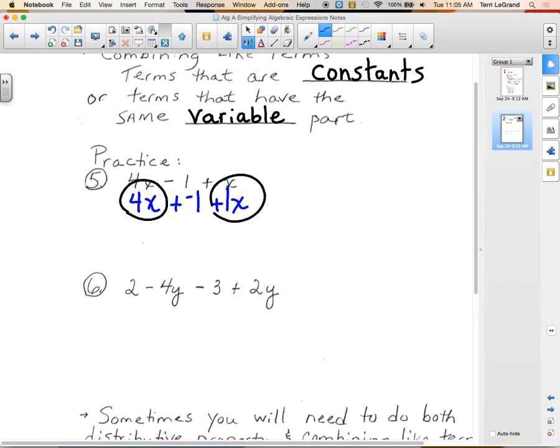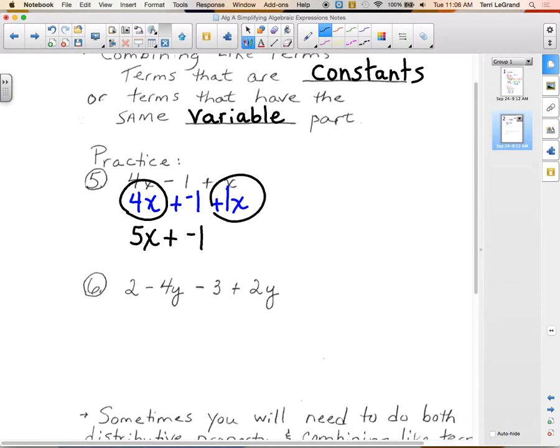Okay, if I have 4x plus another 1x, what do I have? 5x. 4 plus 1, they were x's. When we added them together, they're going to stay x's. Dollars added to dollars, still are dollar bills in the pile in the end. Plus that negative 1, that constant doesn't have anything to be combined with.